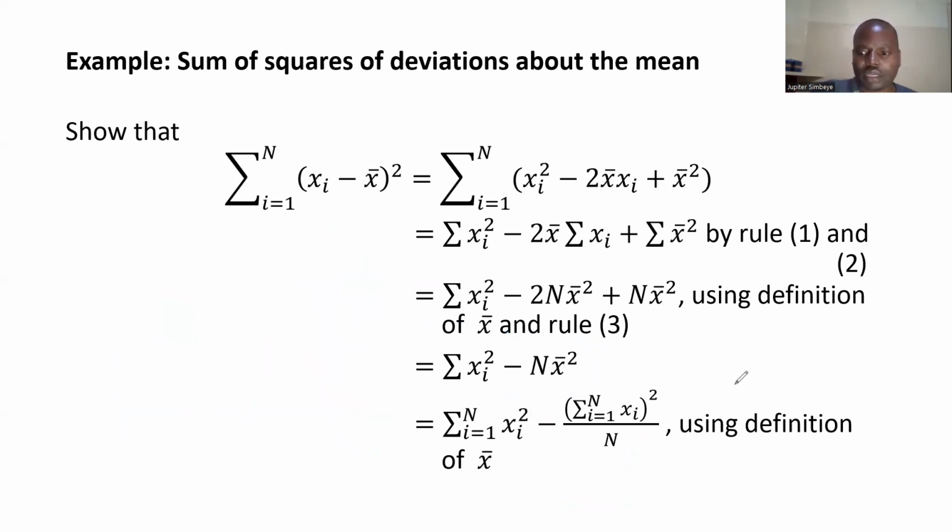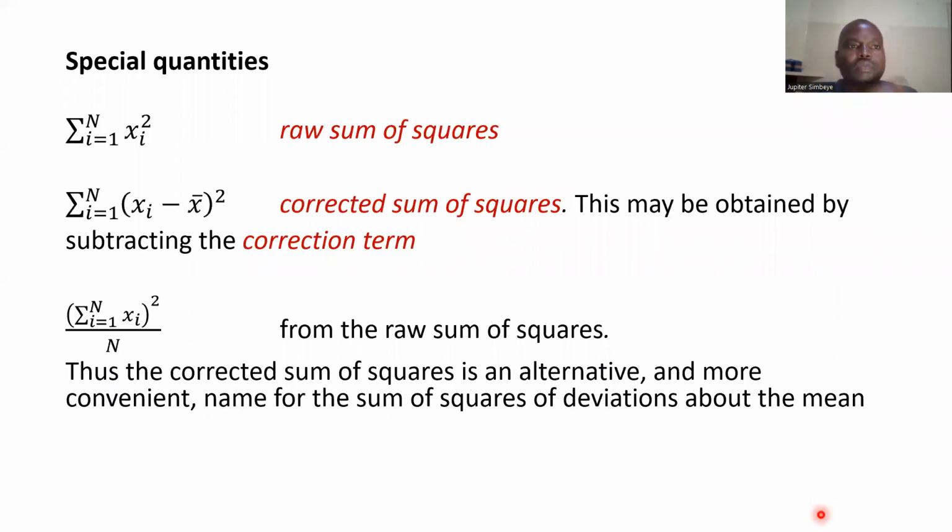Okay, next, I will take you to special quantities. The summation of xi squared is referred to as the raw sum of squares. And the summation of (xi minus x bar) squared is referred to as the corrected sum of squares.